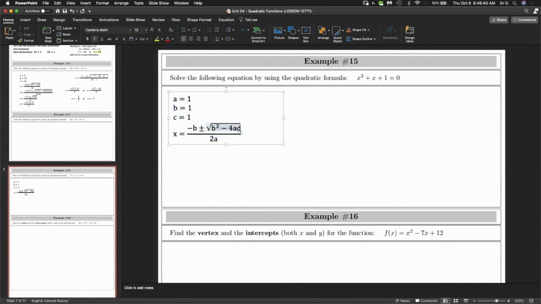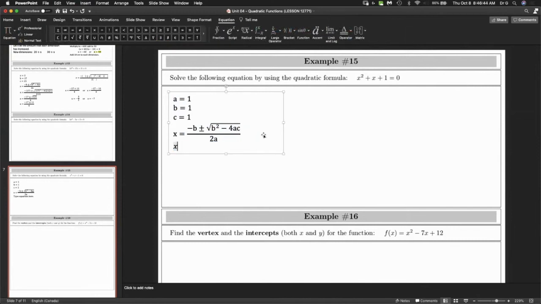And let's put together the equation. So let's put the ones in here.